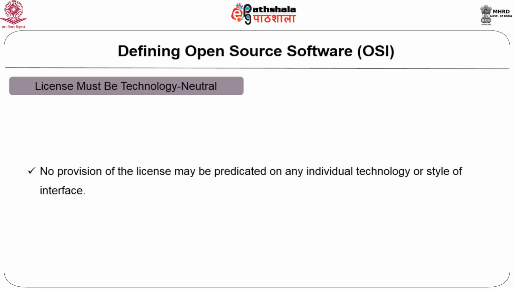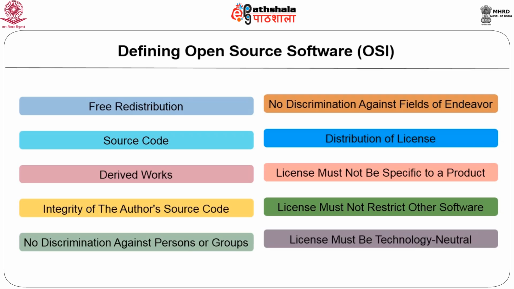There are 10 different points. If we try to summarize the definition, it focuses on releasing of source code. Another point is it focuses on redistribution. It focuses on distribution using the same licenses, and it also says that any people, any group, any firm can use open source software.